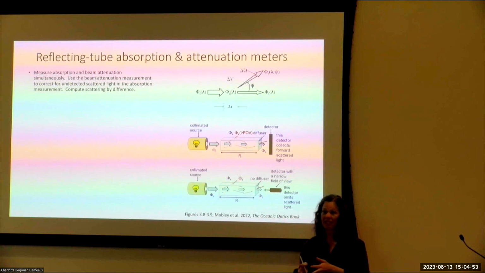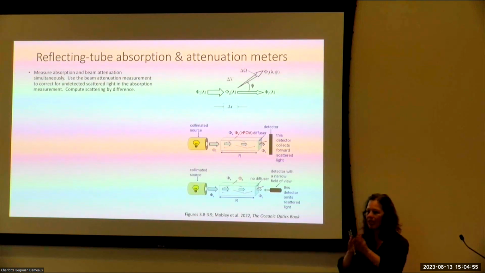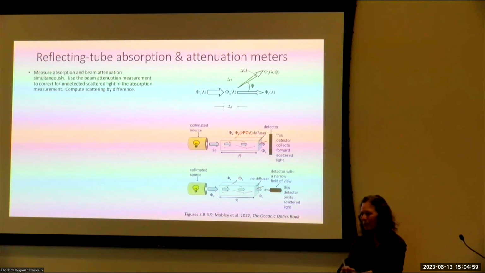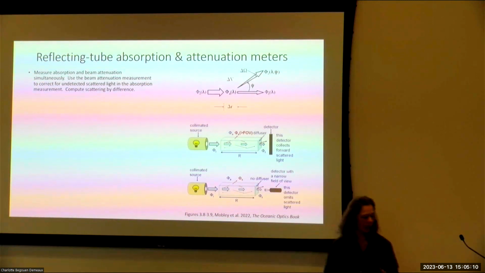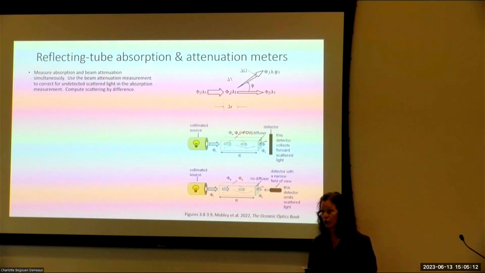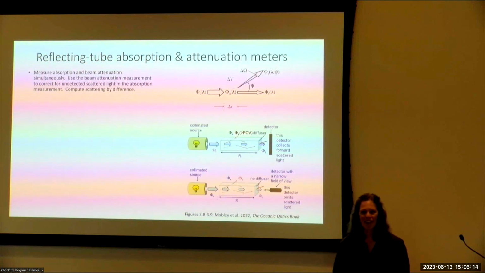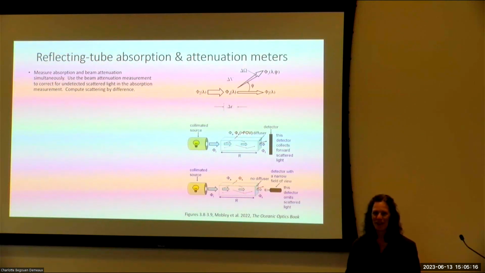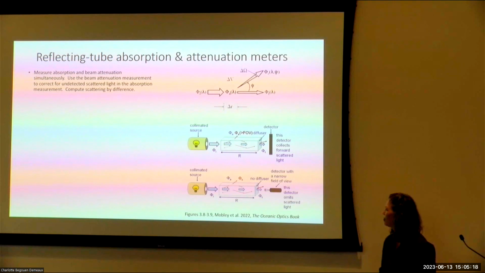On one side you measure absorption, and on the other side you measure the beam attenuation, which we haven't talked about yet. So I'm going to give you just a little bit, and Emmanuel is going to do a very thorough job of it tomorrow.